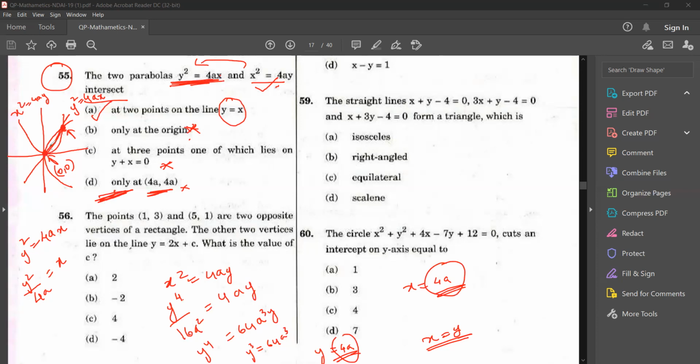It is intersecting at 2 points, at 0, 0 and at 4a, 4a, and both lie on y equal to x. So the answer is option A.